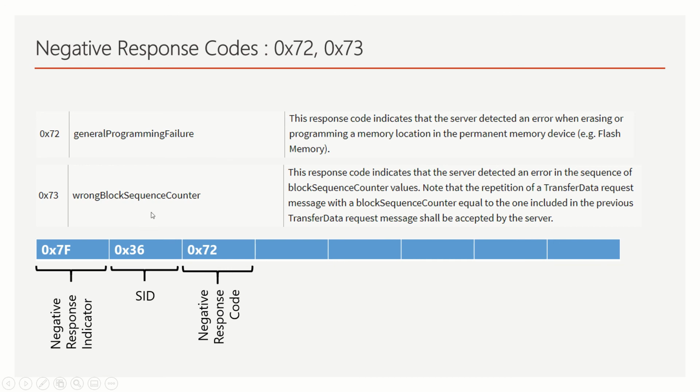And if you have an issue with the sequence, say you missed 3601, 3602 and directly send 3606, then we have an error saying you are doing something wrong: wrong block sequence counter, which is sent as an NRC.